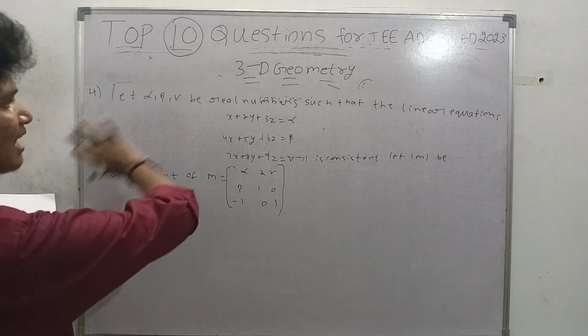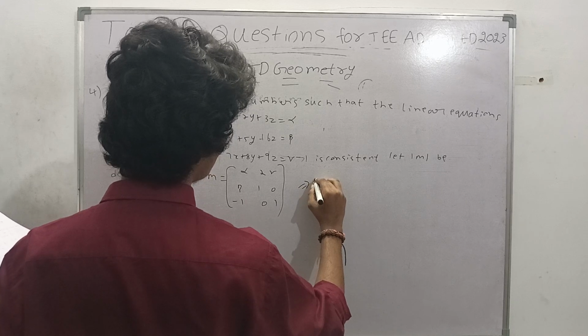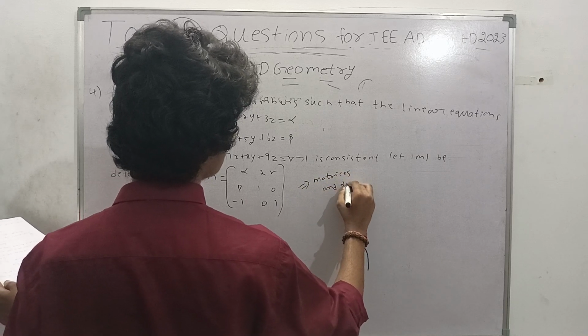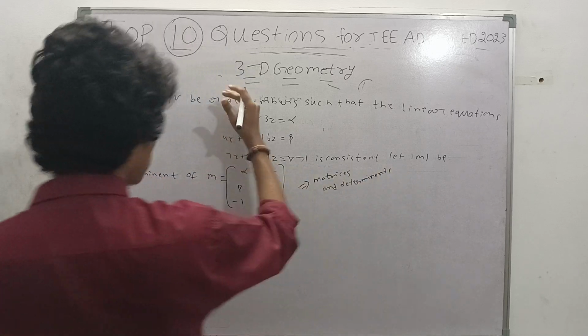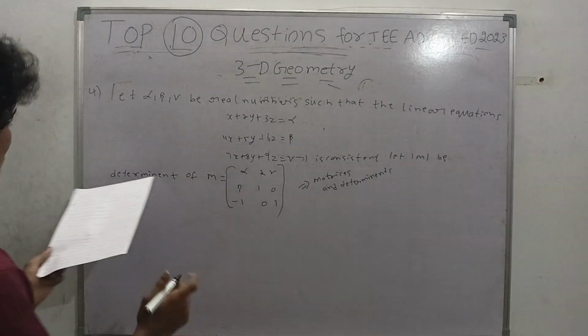Now up to what is written, this is completely matrices and determinants. But why am I discussing it here? Because after this part the 3D geometry question starts. What they are saying?